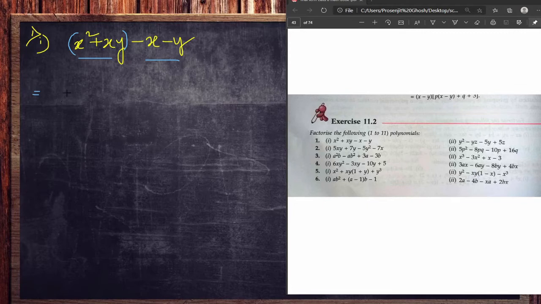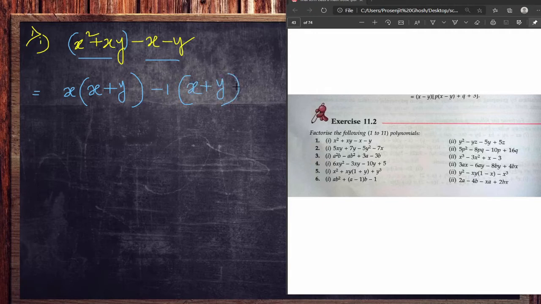You have to do the same factorization method for the first one. What I told you, take out the most possible common factor. As you can see, x is the most possible common factor from the first group. Now in the second group, that is minus x minus y, if you take out minus 1, this is the most possible common factor.